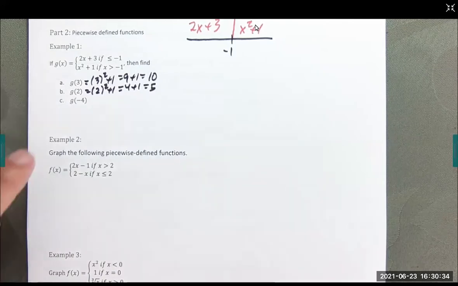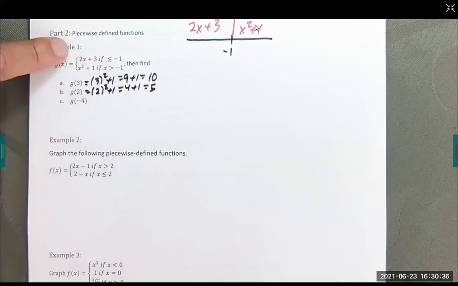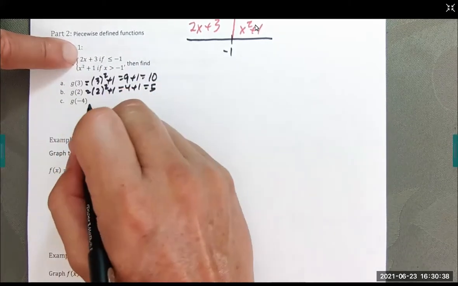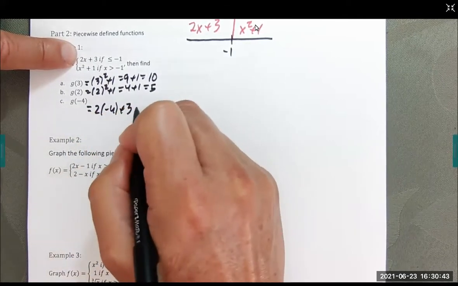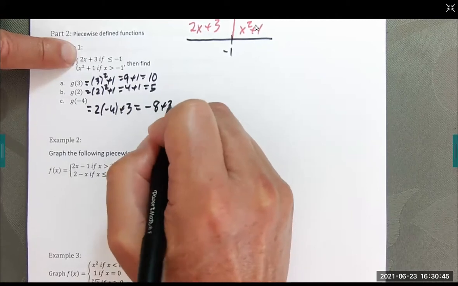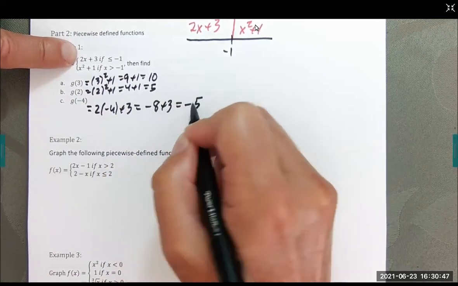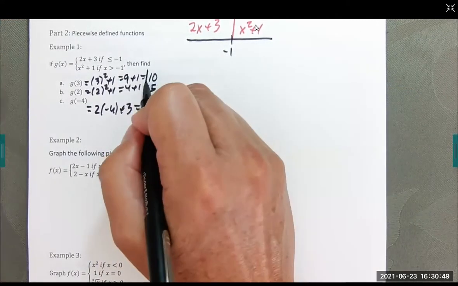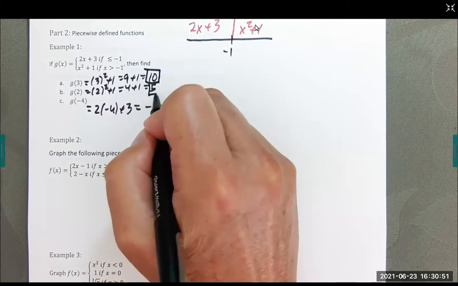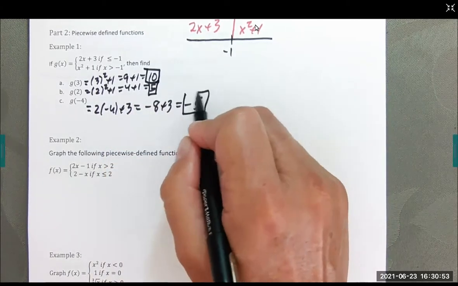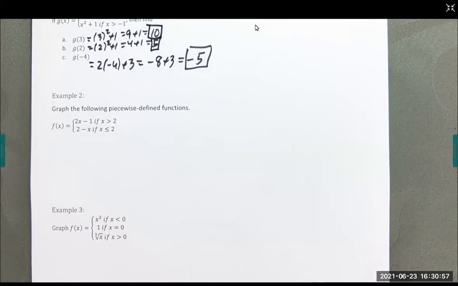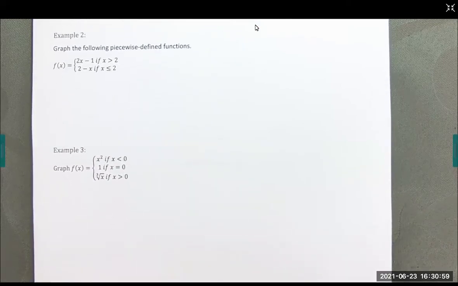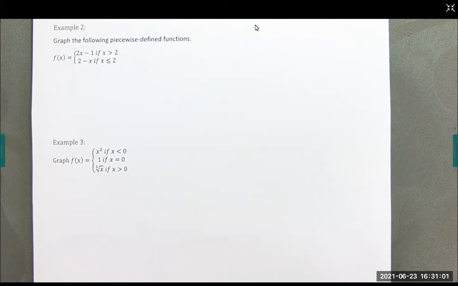However, g of -4, that's less than -1. So now I'm here. This might be the first time that you've seen piecewise functions, and that's okay. They are a little strange, but we'll get through it.